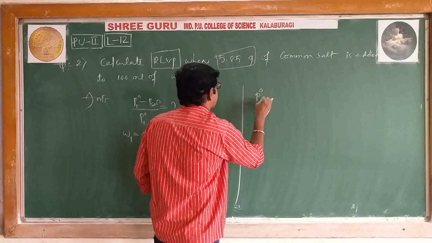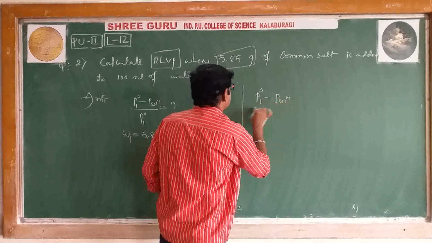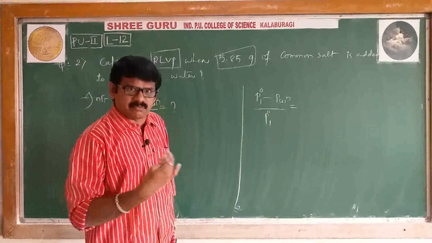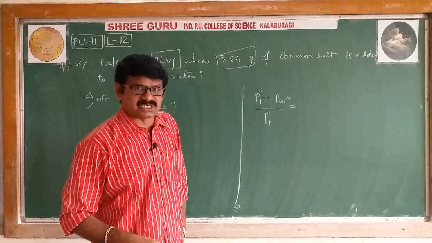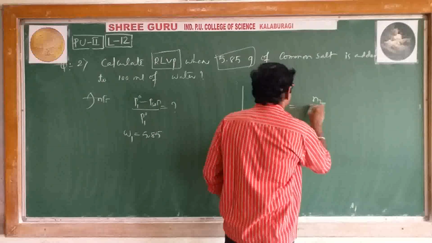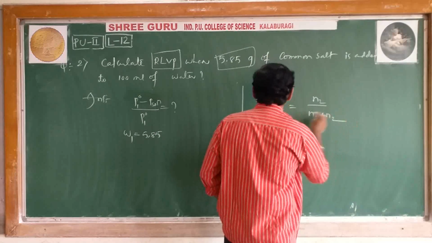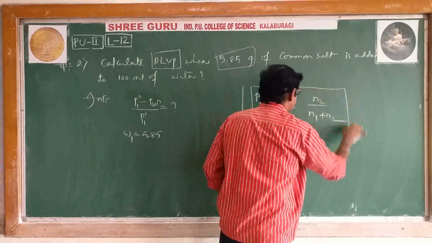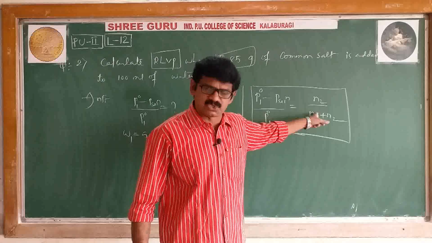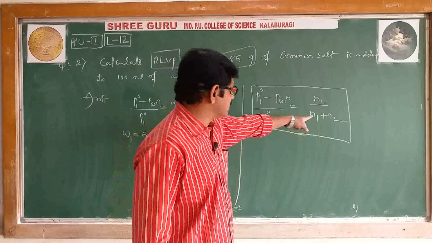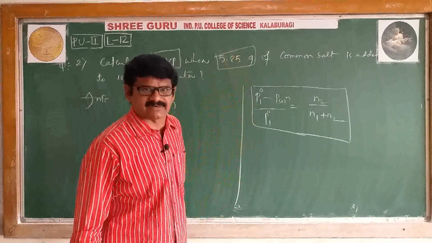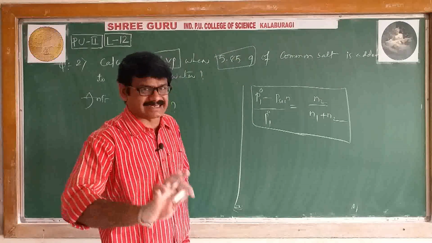P1 naught minus P solution by P1 naught is equal to, instead of mass we will directly use a moles related formula. Mole fraction, that is x2, is nothing but n2 divided by n1 plus n2, our suitable formula here. Here solute moles also will be considered, because n2 also will be considered in the denominator, because a considerable amount has been given in the question, remember, we should not neglect it here.